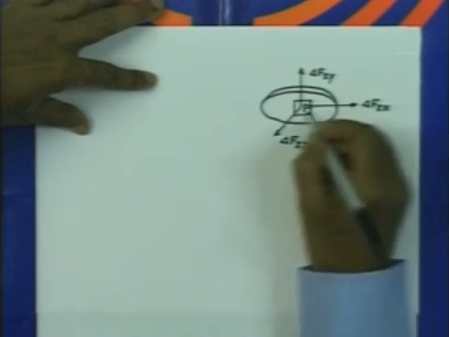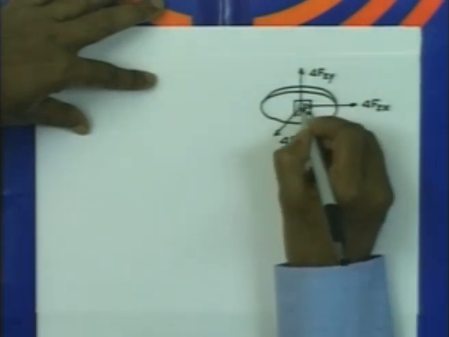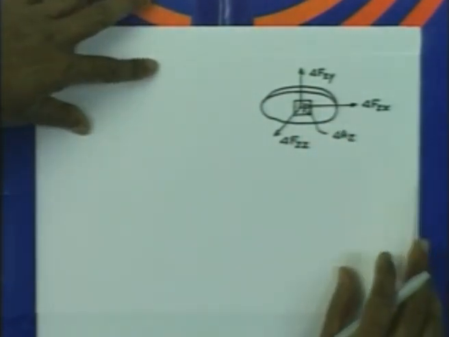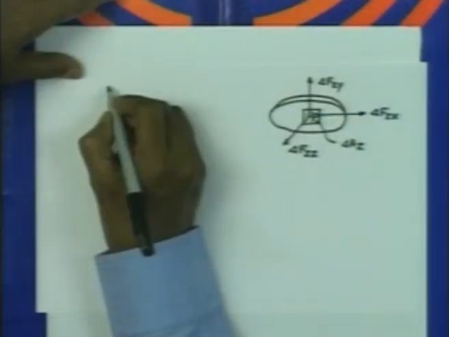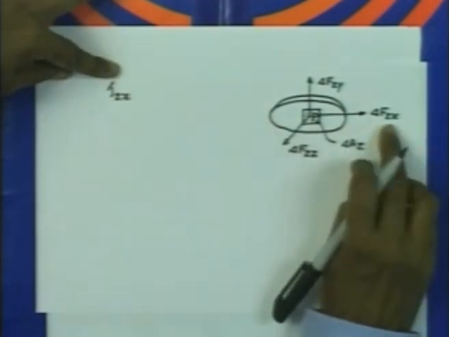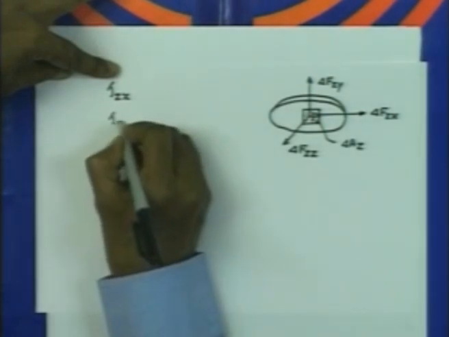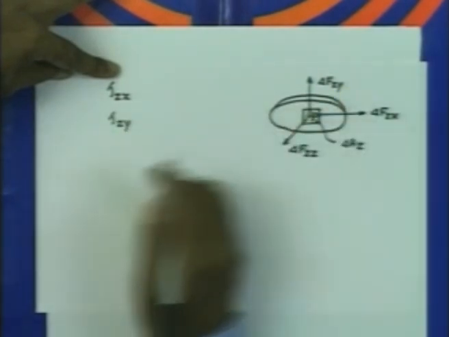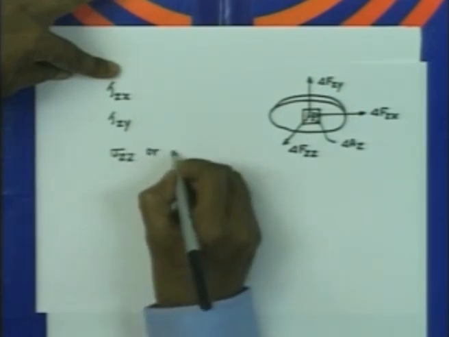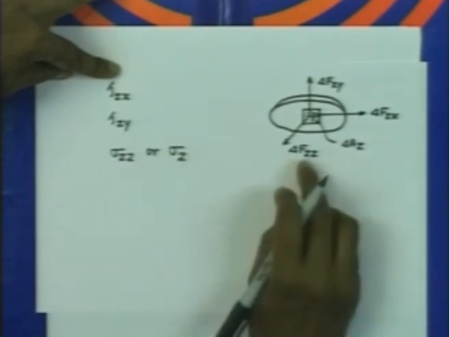So, these are the 3 components of forces which are acting at this point because of the external loading. From these again you can calculate the 3 components of stresses, which will be represented by tau zx arising out of this force, tau zy arising out of this force, and sigma zz or sigma z arising out of this force.